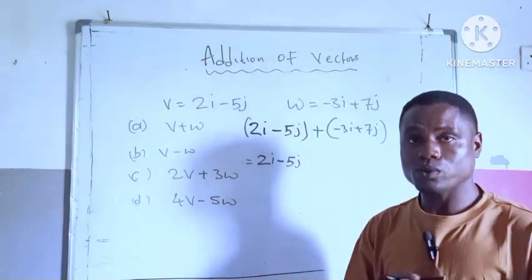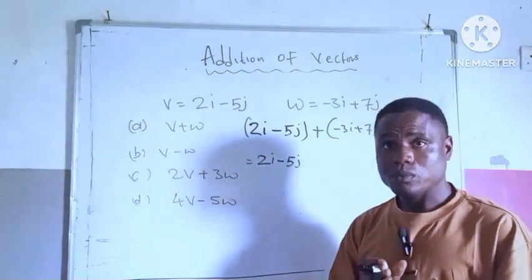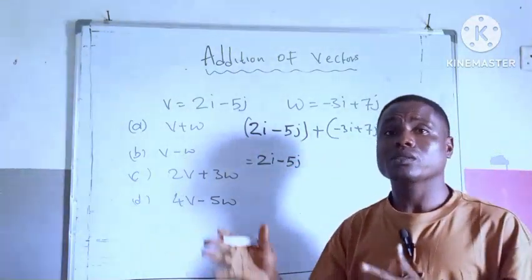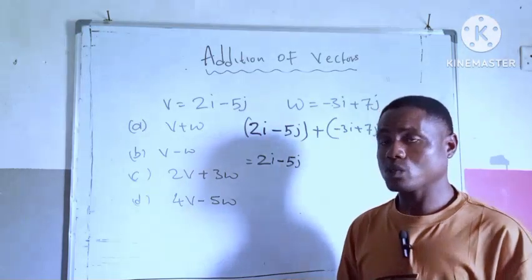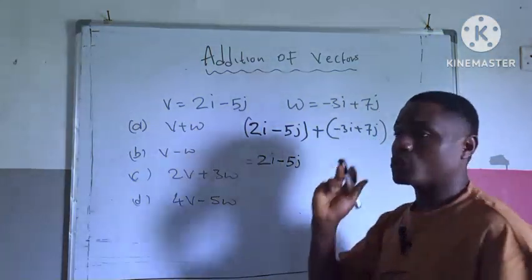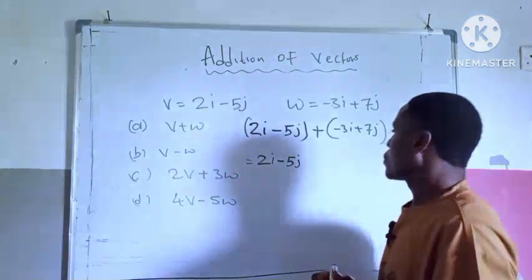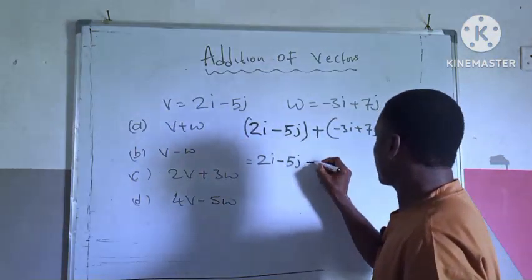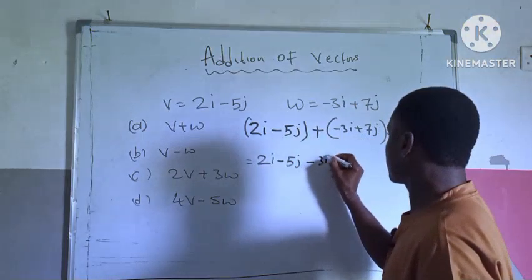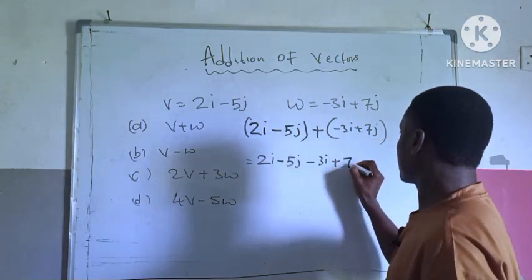I know most of you are confused. Please don't be confused, because during the exam you will see all these signs. If we had to put plus and you went and put minus, you get the wrong answer. That is the simple truth. So when you are opening the bracket, make sure you take note of all these signs. They are very important. So plus times minus is minus, then we have 3i, then plus times plus is plus, so we have 7j.